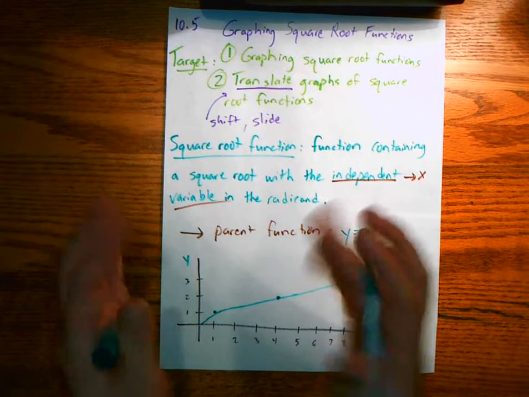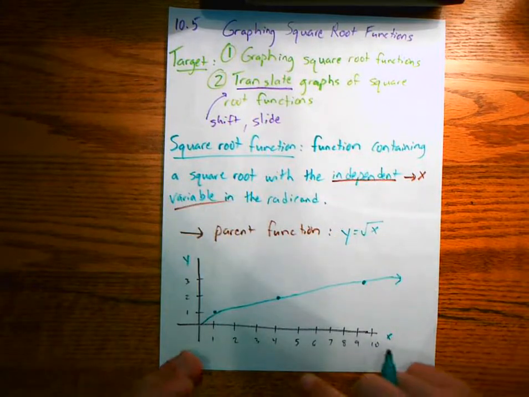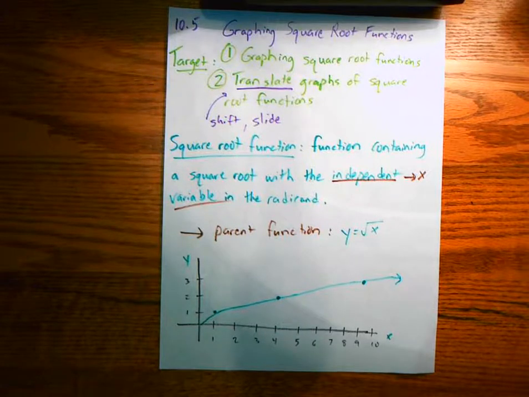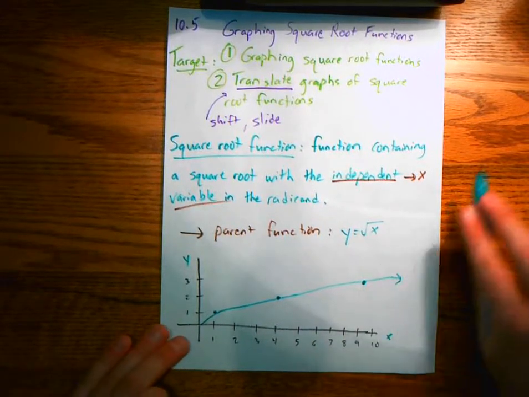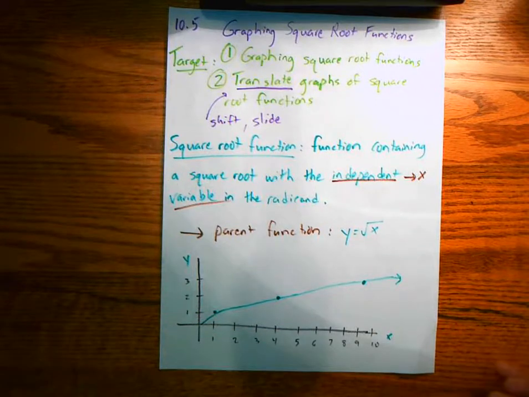It's like an x squared, a parabola pointed upwards, but half of it is tilted on its side. It's slowly increasing, but it will always increase up to infinity for the range, and it will always go to the right to infinity.